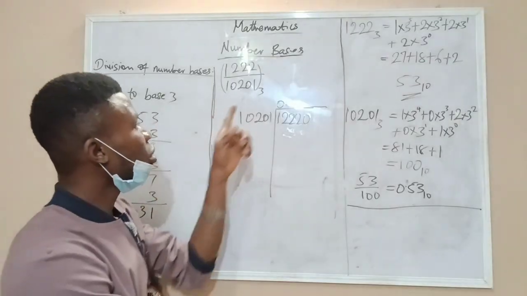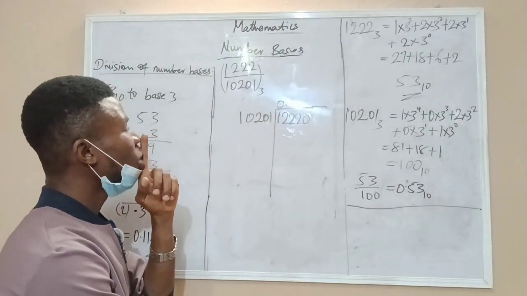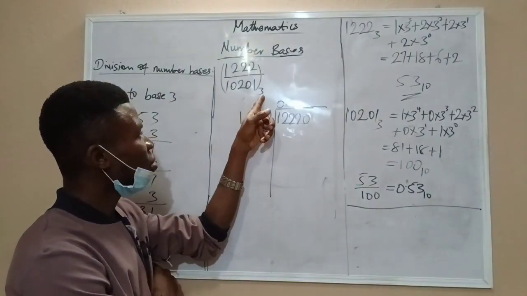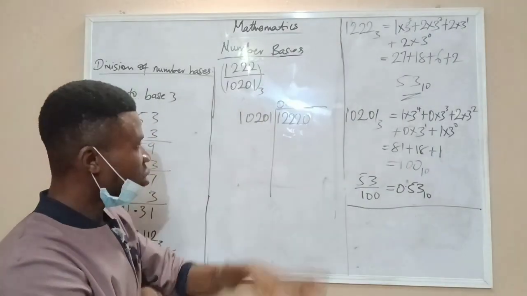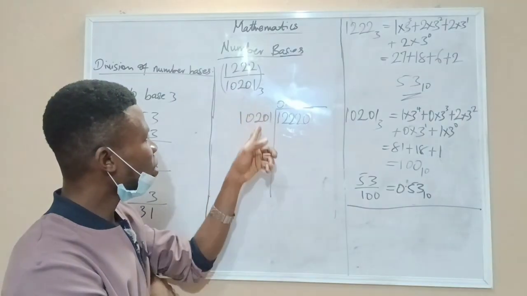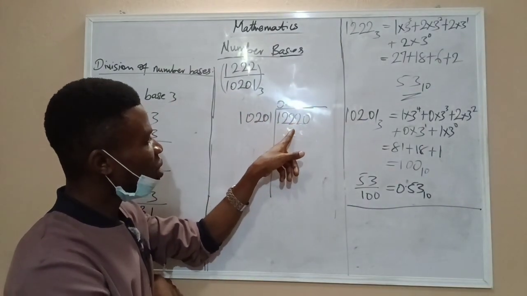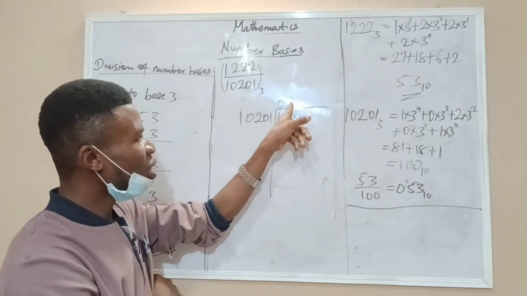Starting from the base, which is base 3, we need to get a number that when we multiply with this number, what we get here will be less than this one. That number should be here.